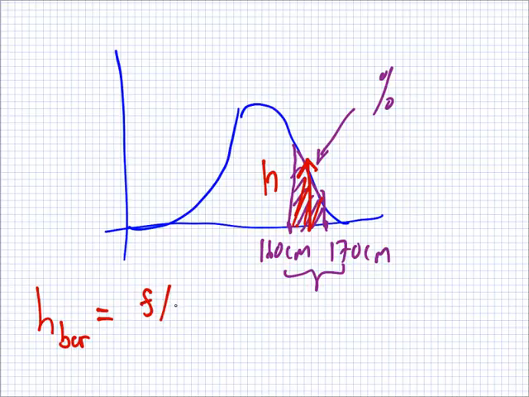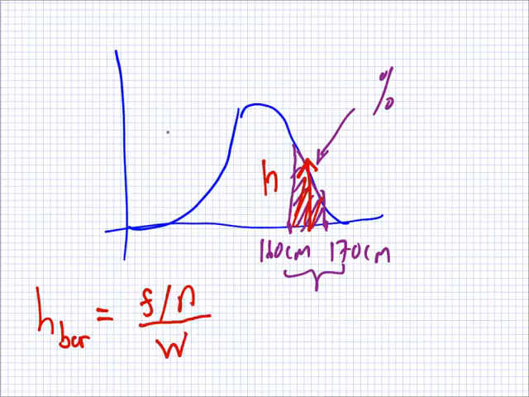I'll use small f and big F. So the small f is how many people are in this sample, in this section. What letter did we use for the total number of people in the sample? What about if I said n? Yeah, and we divide that by the width.